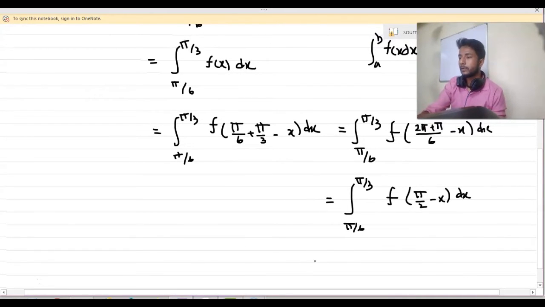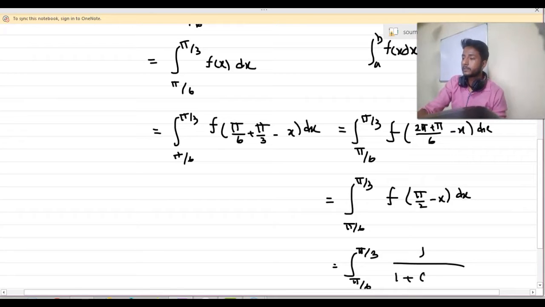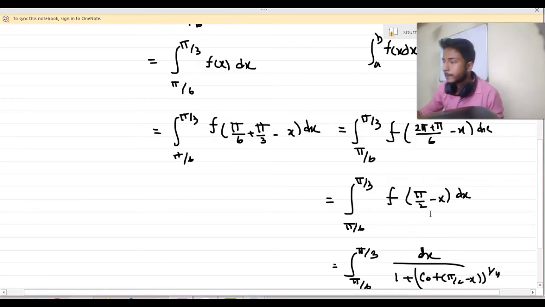So this is integration pi by 6 to pi by 3 1 by (1 plus cot(pi by 2 minus x)) whole to the power 1 by 4 dx.